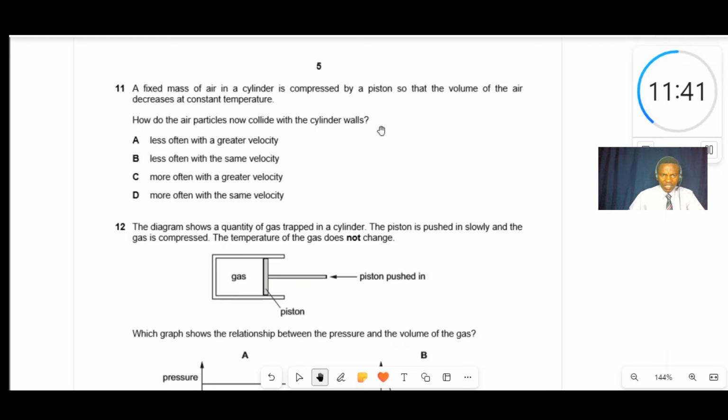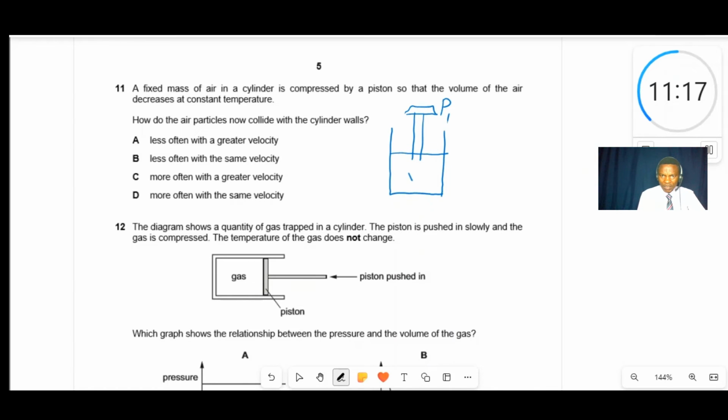If you have air particles in a cylinder, let's assume this is the initial volume, P1, V1.